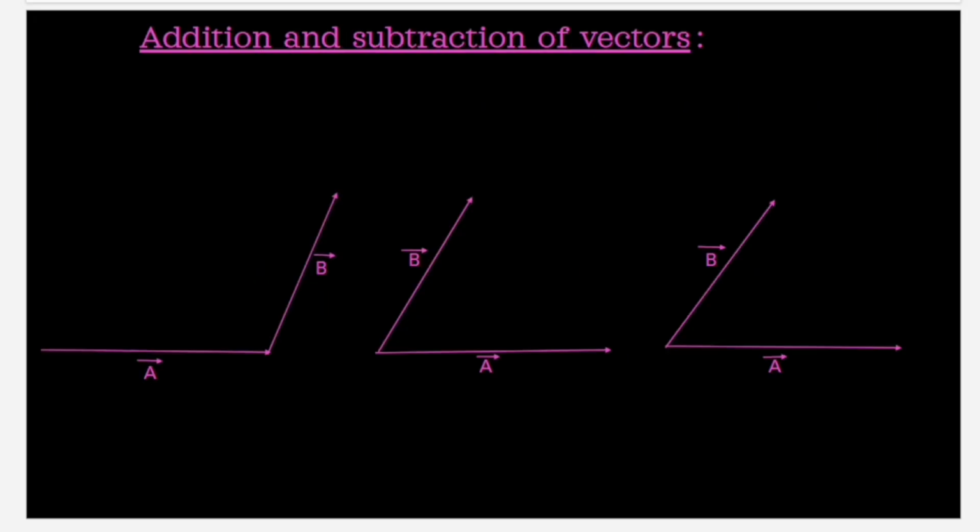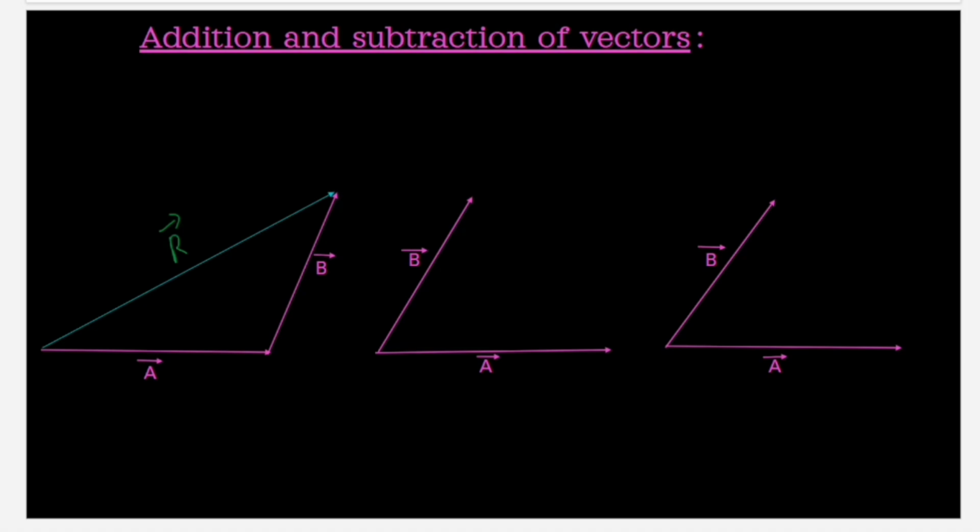The next topic is addition and subtraction of vectors. Suppose there are two vectors A vector and B vector. Now we draw a resultant vector R vector from A vector to B vector. Now how do we know whether we should add or subtract? For addition, R vector's tail should be attached to the tail of the other vector.